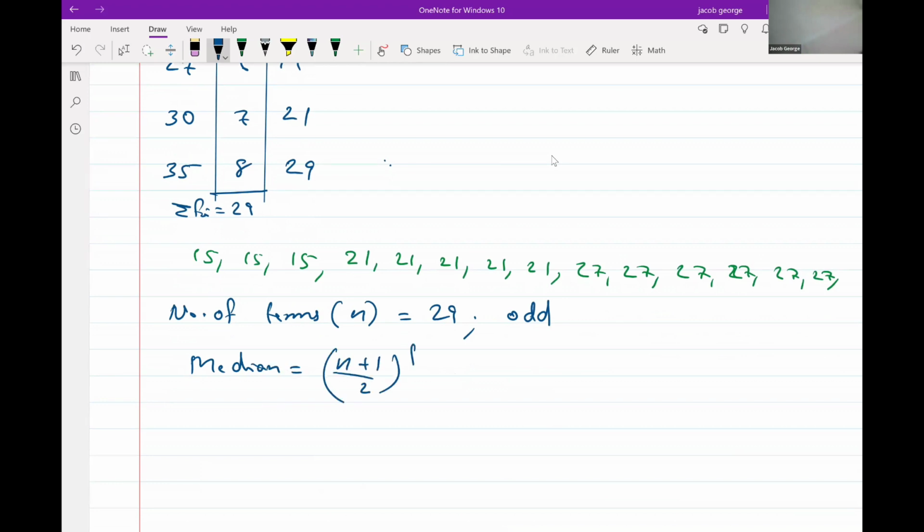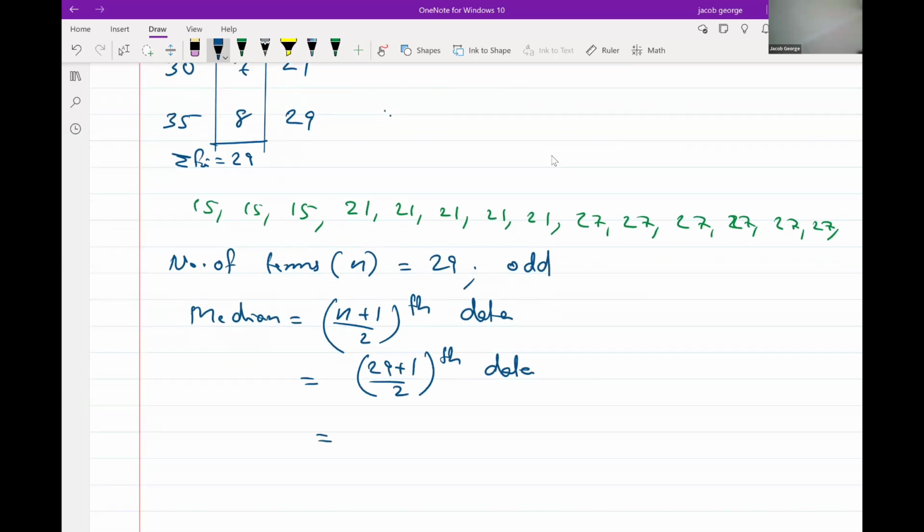(N plus 1) by 2th data, that is equal to (29 plus 1) by 2th data. What is 29 plus 1? 30. 30 by 2? 15th data. Clear? Same formula as in the ungrouped one. Till here, everybody got it.